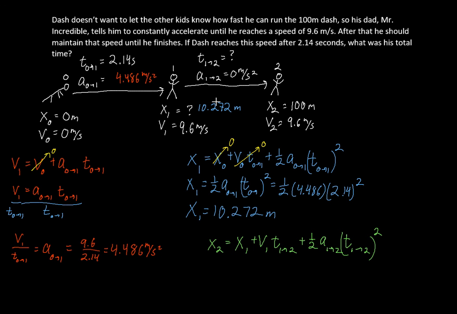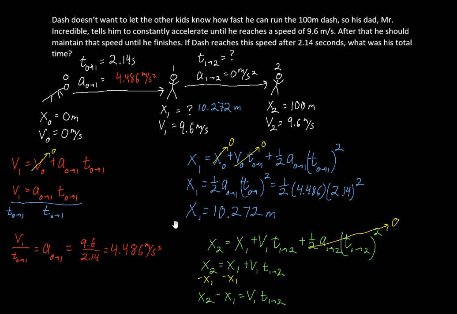Plugging in our zeros, the beautiful thing is your acceleration is 0. So all this big old mess at the end there cancels out. And we end up with x2 equals x1 plus v1 t1 to 2. Doing a little bit of rearranging, we are going to subtract x1 from both sides. x2 minus x1 equals v1 t1 to 2.